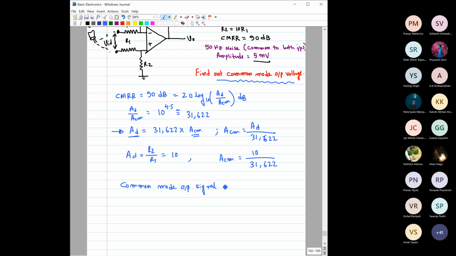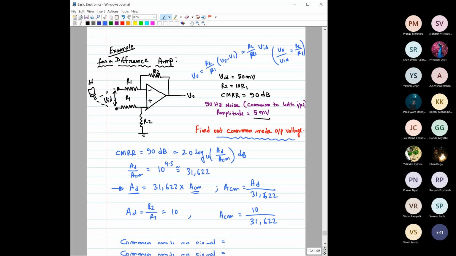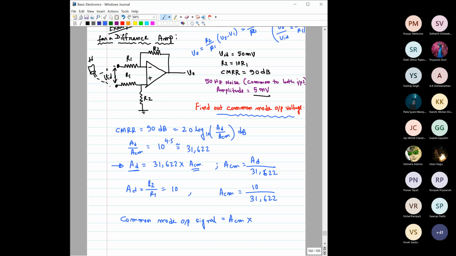Sir, what is AD here? AD is the differential gain, differential gain in a closed loop. This is equal to ACM. Do you have any doubt? Okay.